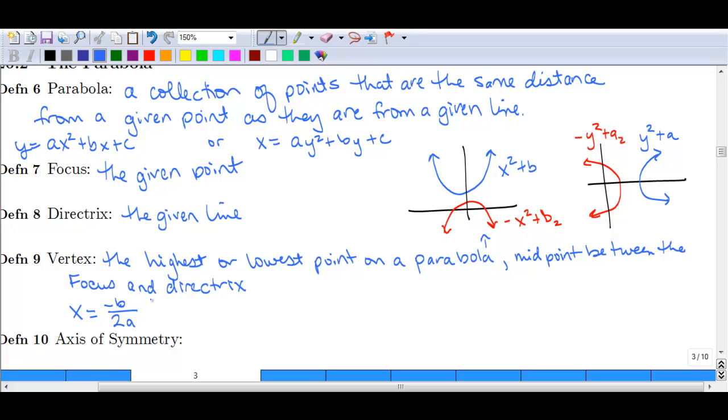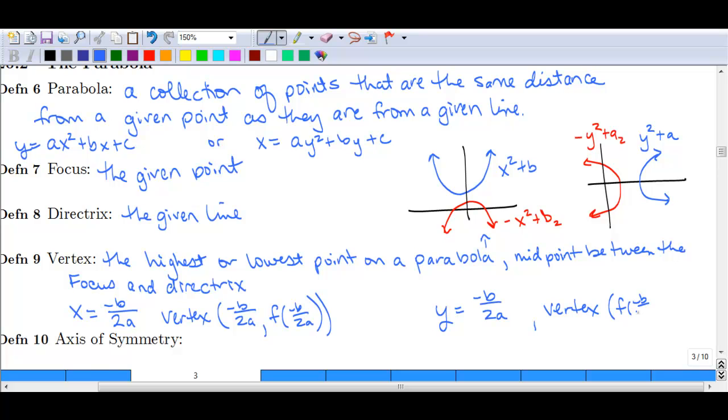That will get us our lowest point. So our vertex would be at negative b over 2a, and if you plug that into the formula, f of negative b over 2a. And if we're looking at one of these left and right, then y is still equal to negative b over 2a, and then our vertex, though, is at the function evaluated at negative b over 2a and negative b over 2a. So again, it's a y coordinate this time, so it would be in the y position.